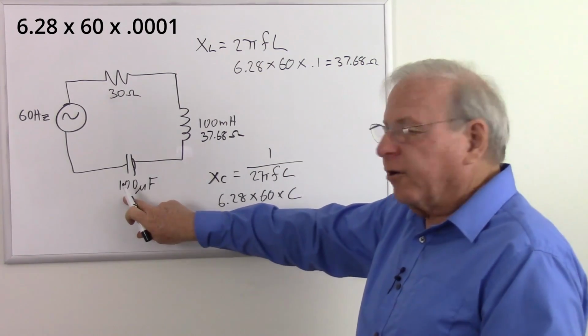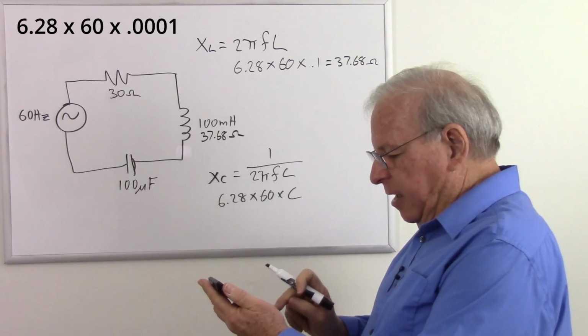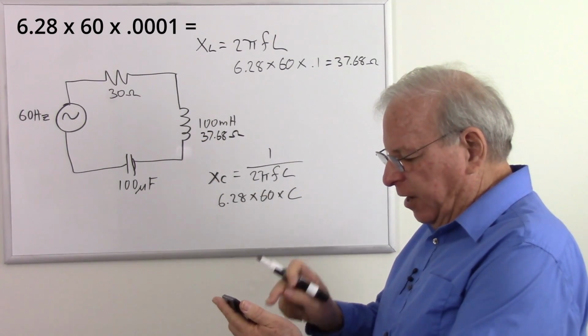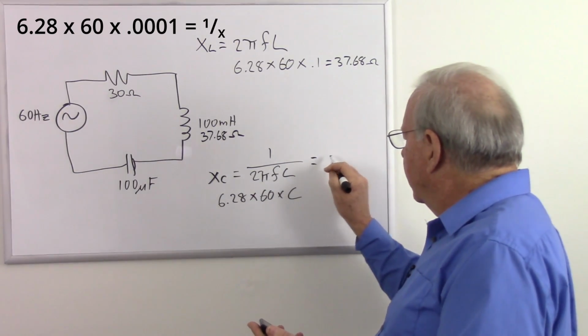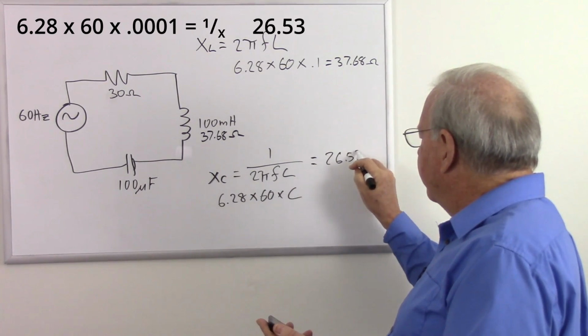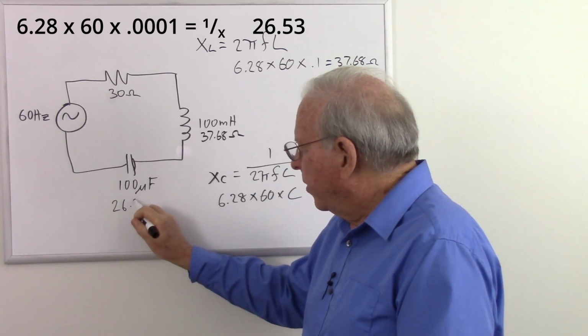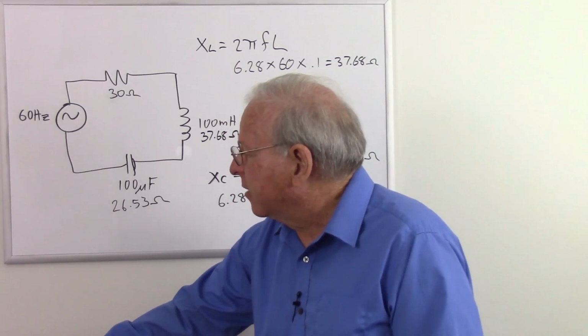So 100 microfarads is 0.0001 farads. And we hit the equals button, but we don't have the answer yet. We have to take the reciprocal. So I take the reciprocal, and we end up with 26.53 ohms. So there we have it, 26.53 ohms for the capacitive reactance.